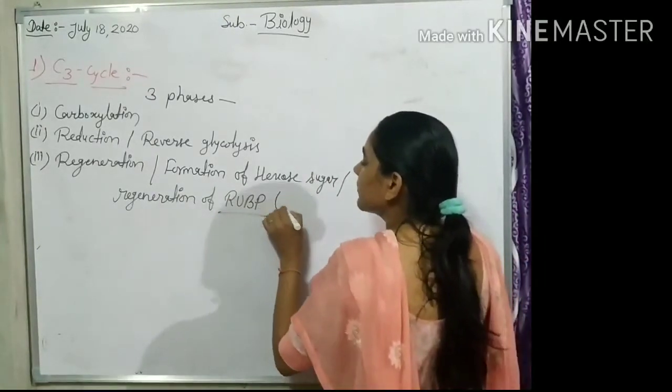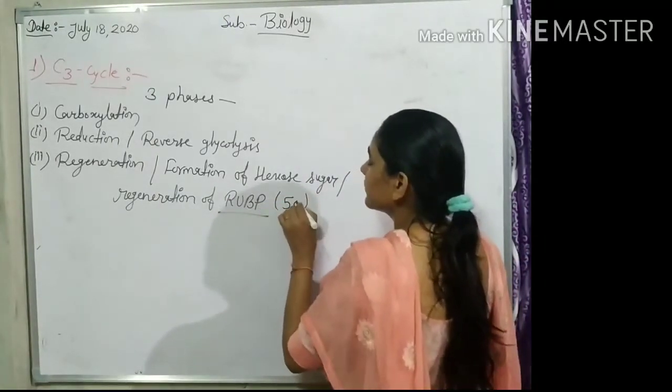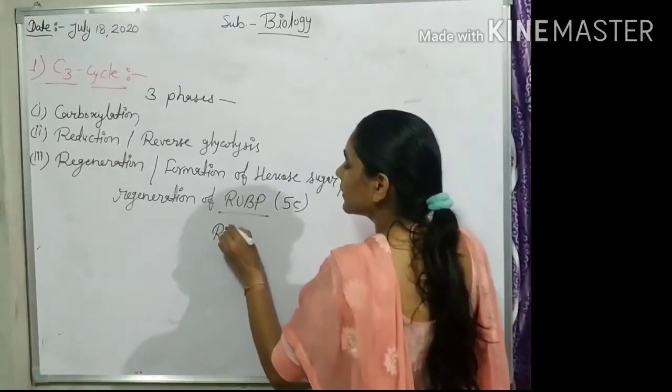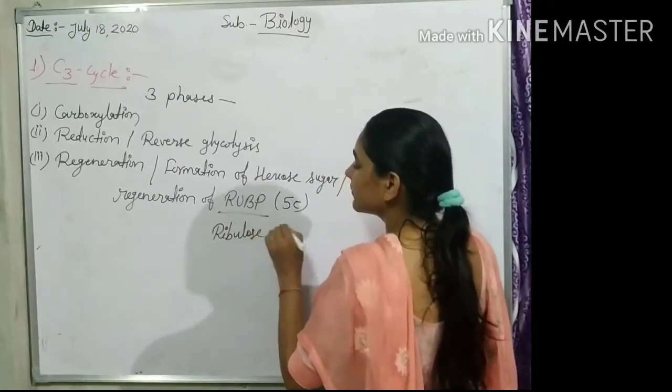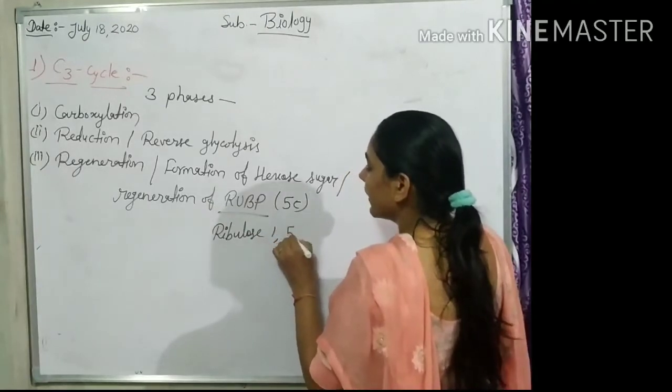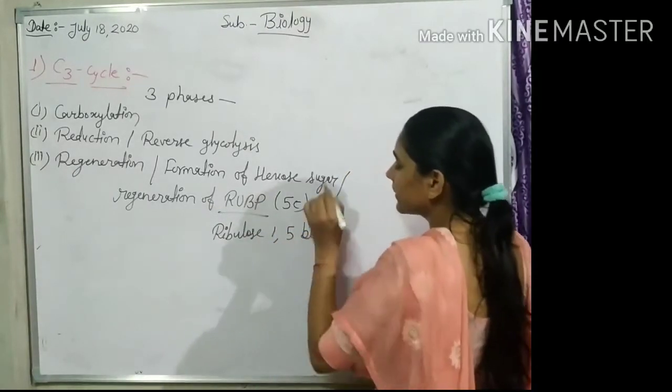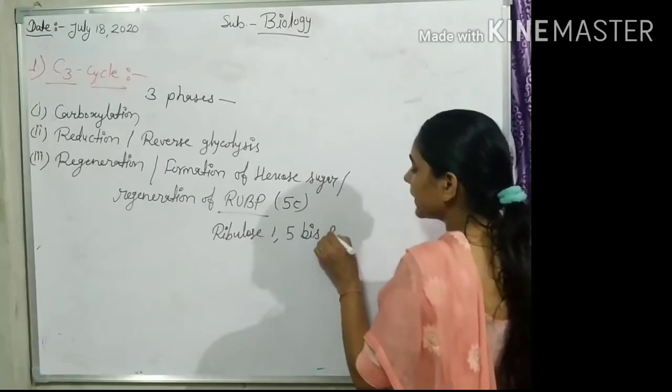RuBP is a 5-carbon sugar, full form ribulose 1,5-bisphosphate.